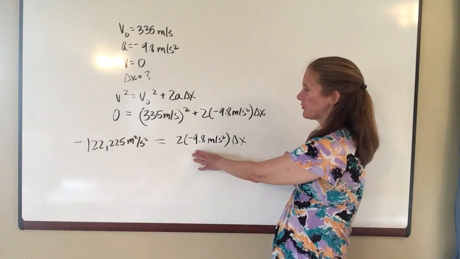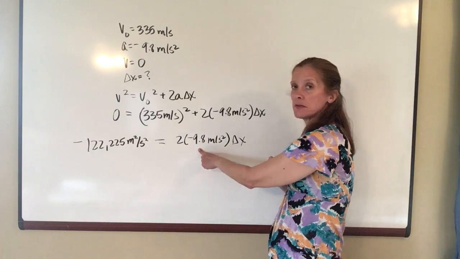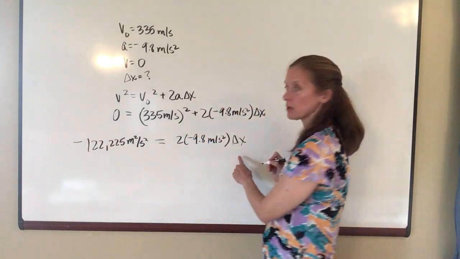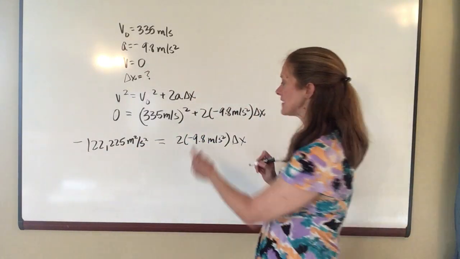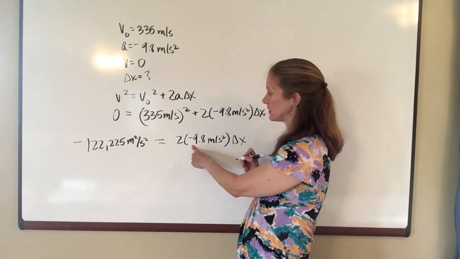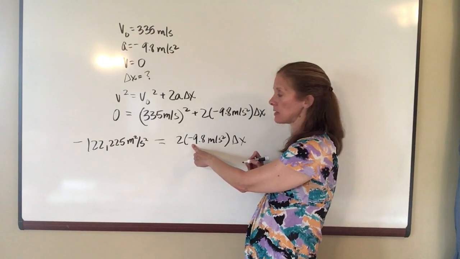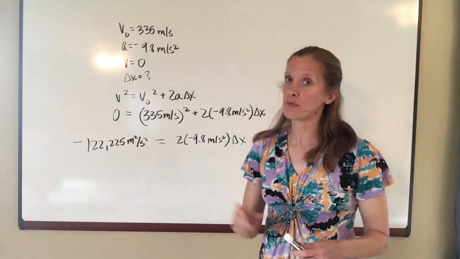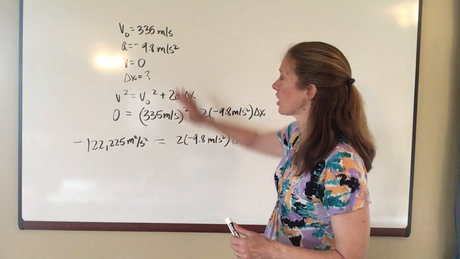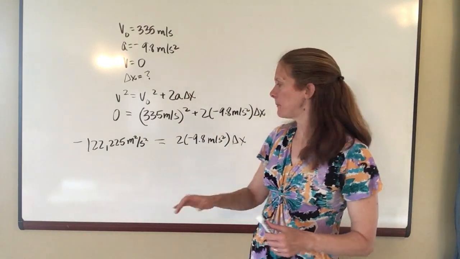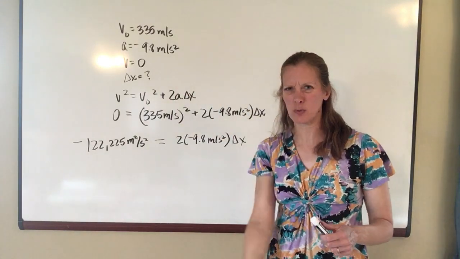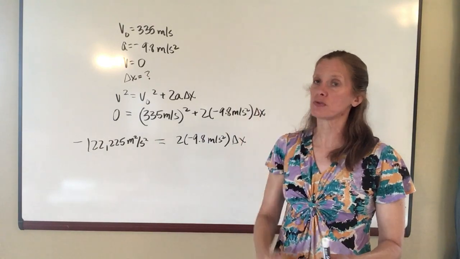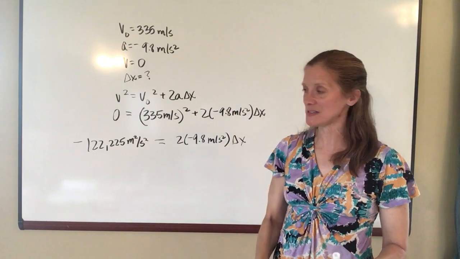Now, when I divide both sides by 2 and by negative 9.8, negative divided by negative is going to give me a positive number here, which is what I need. If I had left this acceleration due to gravity positive, my final displacement would have been negative. If initial velocity upward is positive, but you say that it's going to have downward displacement, that doesn't make any sense because it was moving upward, so the displacement has to be upward, not downward.